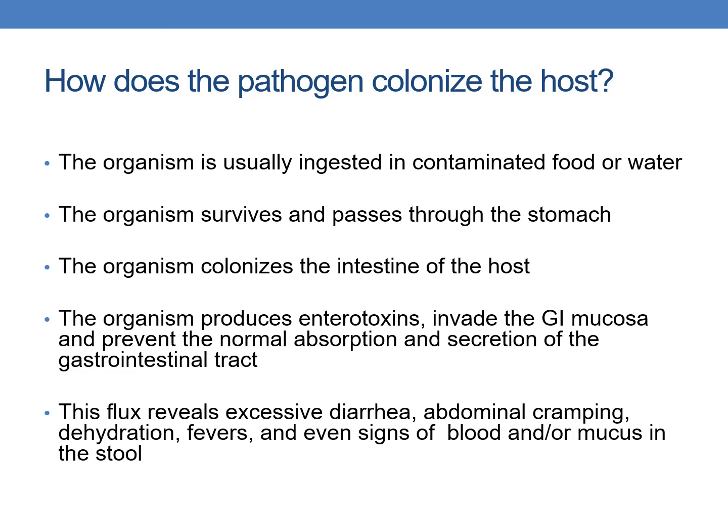These toxins invade the GI mucosa and prevent the normal absorption and secretion of the gastrointestinal tract. This flux, of course, reveals excessive diarrhea, and that diarrhea can lead to dehydration. Our patients may also have abdominal cramping, and they may have fevers as well, and there could even be signs of blood or mucus in the stool.